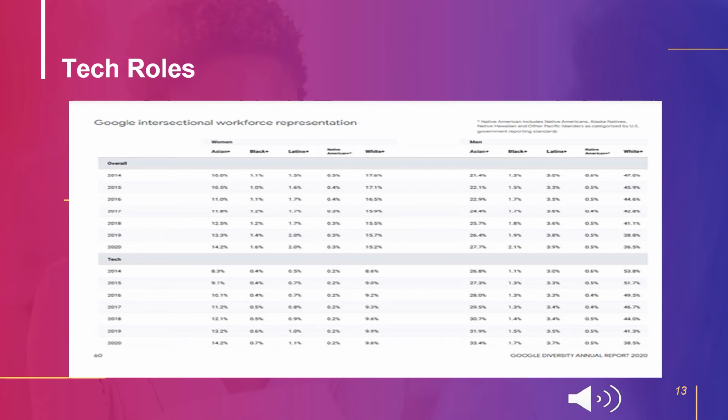Female employees didn't fare much better in tech roles. Though they went from 30.9% of global hires in 2018 to 32% in 2020, over that same time period, the percentage of women hired for technical positions remained at about 25.6%.